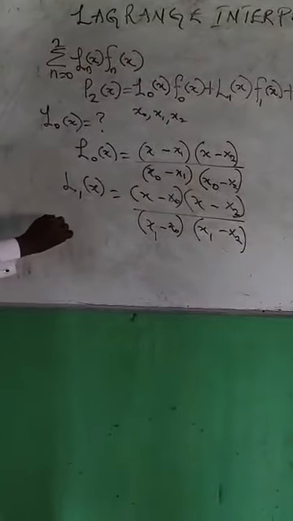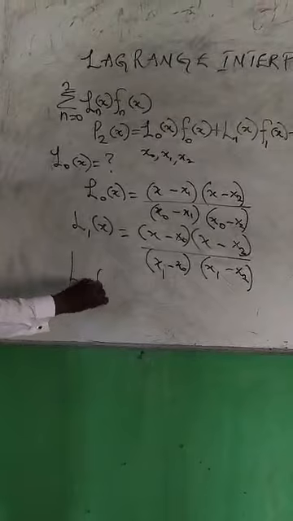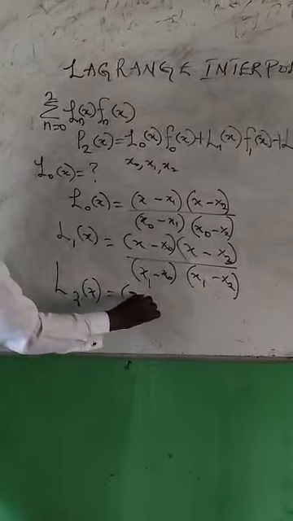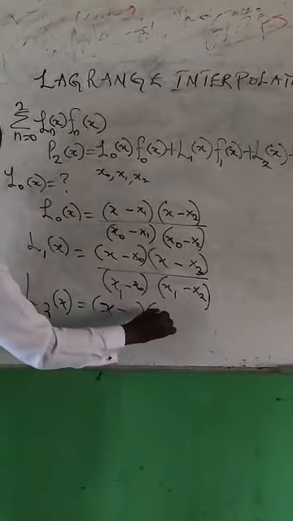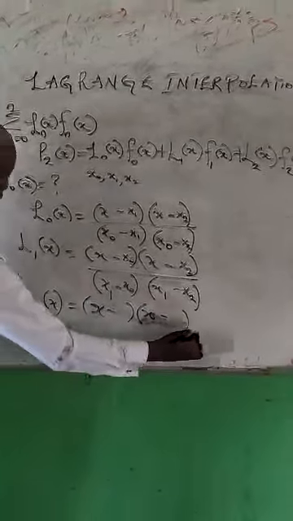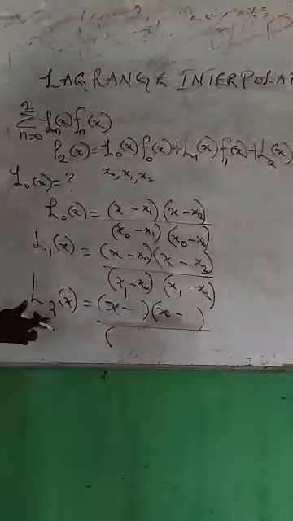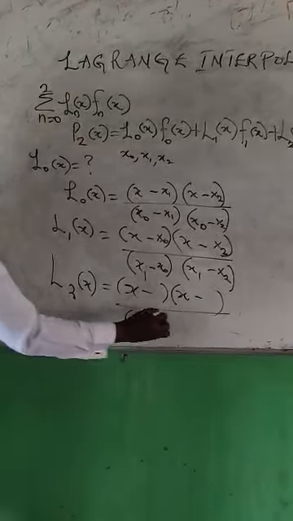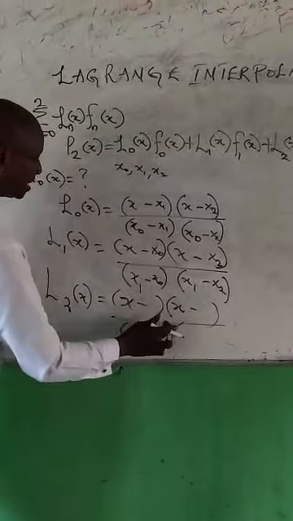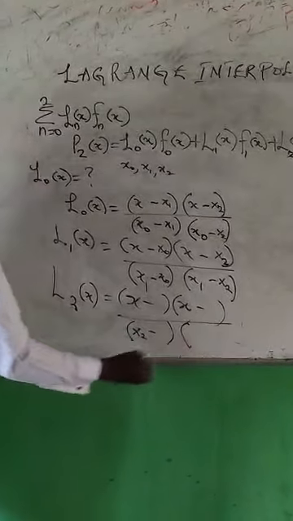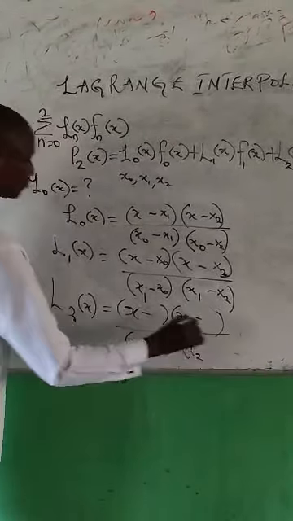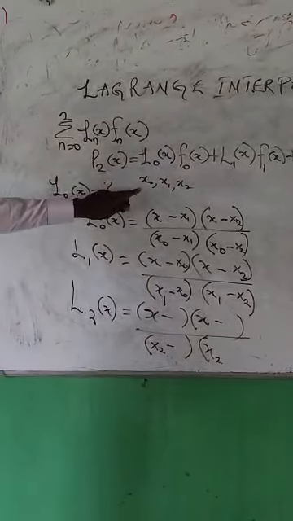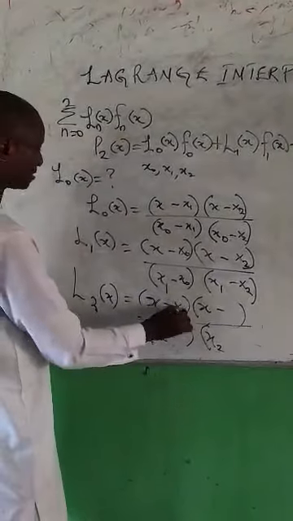Then the last Lagrange expression, which is L subscript 2, is generated as x minus, you close, x minus, you close, divided by, this is 2, so here should be x2, take note, minus, in the orderliness of chronology, you have to pick the lowest value in the consecutive form. In a consecutive form, x naught comes first.